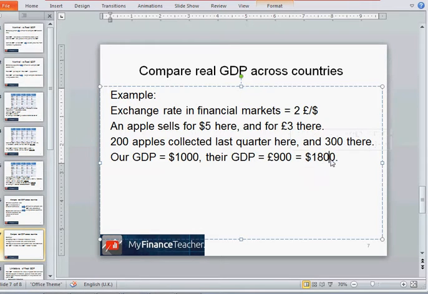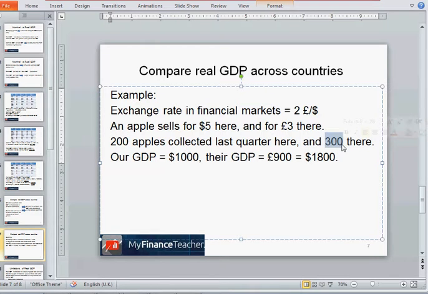If we compare that with the value of GDP in our country, it might seem that GDP in the other country is 80% greater. However, if we look at the actual output level, the other country has only produced 50% more apples rather than 80% more apples.